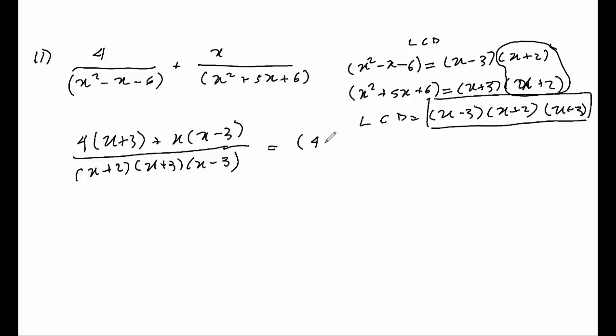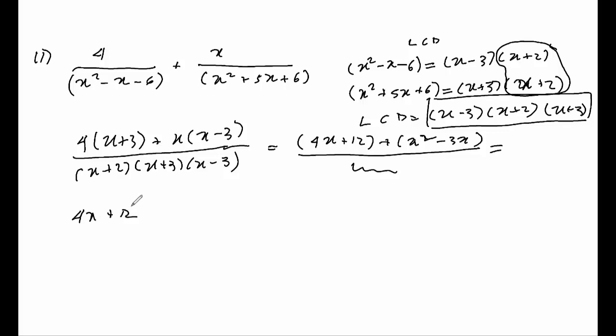So now we multiply through the two parts: 4x plus 12, and then plus x squared minus 3x, all over the same thing, x plus 2, x plus 3, x minus 3. So that's equal to 4x plus 12 plus x squared minus 3x.